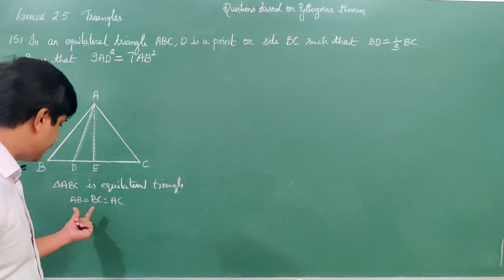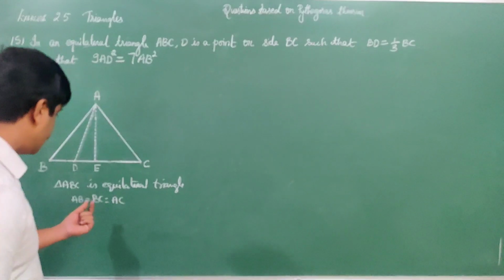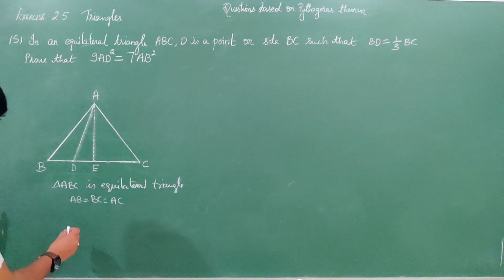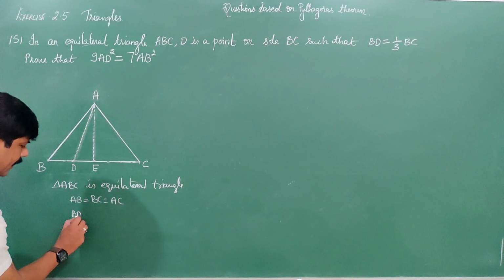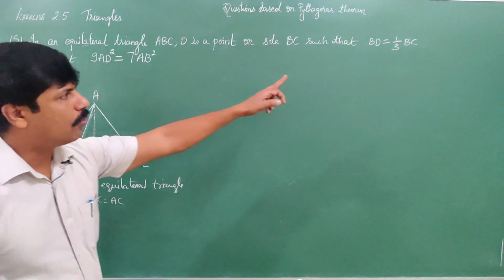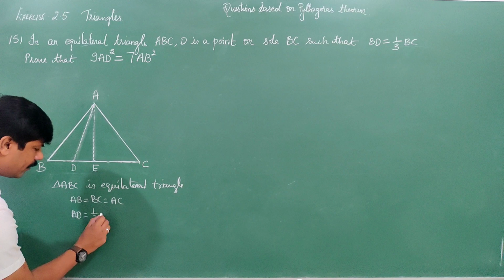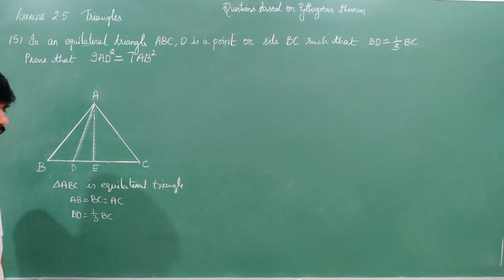This is the condition: AB is equal to BC and BC is equal to AC. One more condition that is given is BD is equal to 1 by 3 BC.